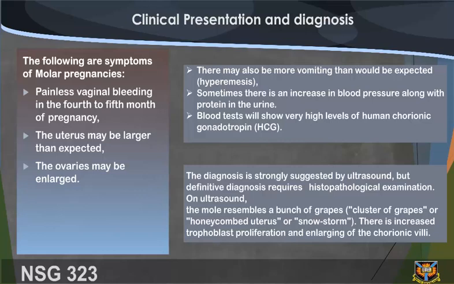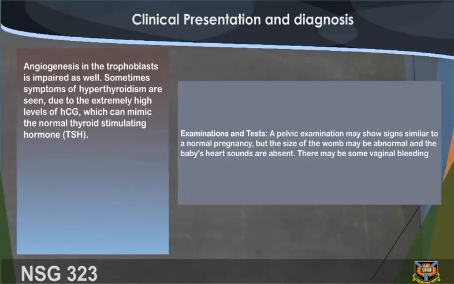There is increased trophoblast proliferation and enlarging of the chorionic villi. Angiogenesis in the trophoblast is impaired as well. Sometimes, symptoms of hyperthyroidism are seen due to the extremely high levels of HCG, which can mimic the normal thyroid stimulating hormone, TSH.